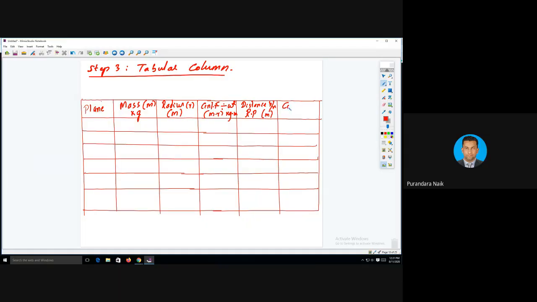Then the last one is couple divided by omega square, as it is unknown. That's why we have to divide this by omega square. So the corresponding answer is m into r into L, centrifugal force into distance. The unit is kg meter square because r into L. First, the plane.